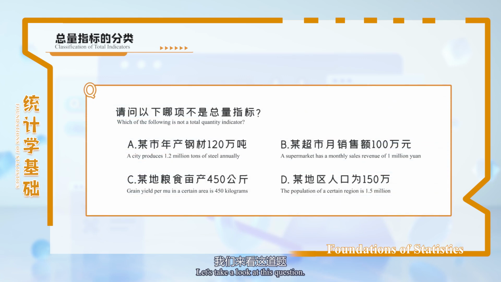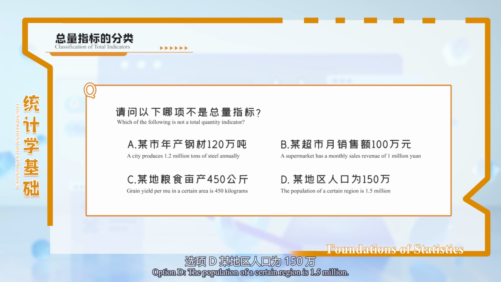Let's take a look at this question. Which of the following is not a total quantity indicator? First, let's analyze each option. Option A, a city produces 1.2 million tons of steel annually. This is a total output value, and it is an aggregate indicator. Option B, a supermarket has a monthly sales revenue of 1 million yuan. This is a total sales volume, and it is also an aggregate indicator.